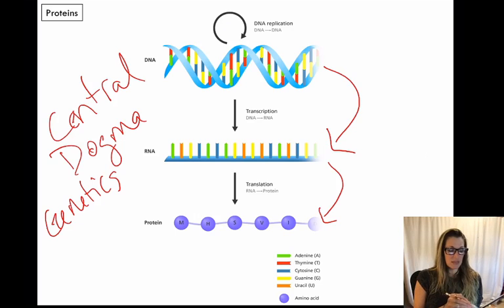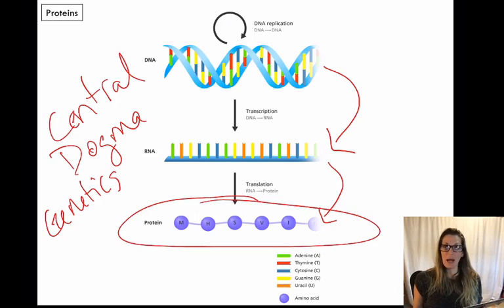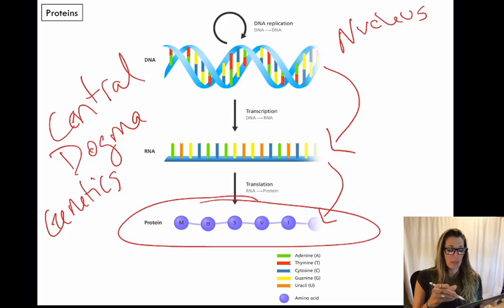Any protein that you have in your body doing biological work was transcribed directly from your DNA and then translated. Your DNA is in the nucleus. Transcription happens there in the nucleus, and then translation happens in the cytosol.